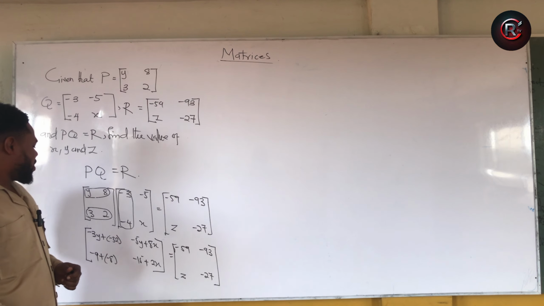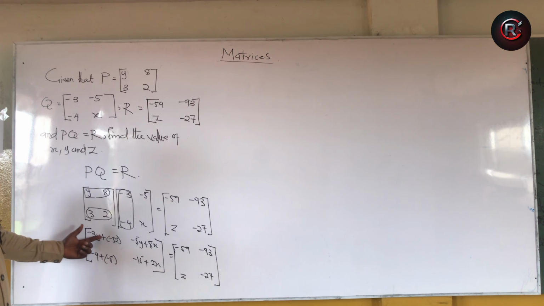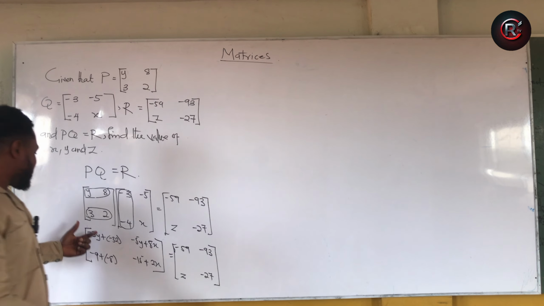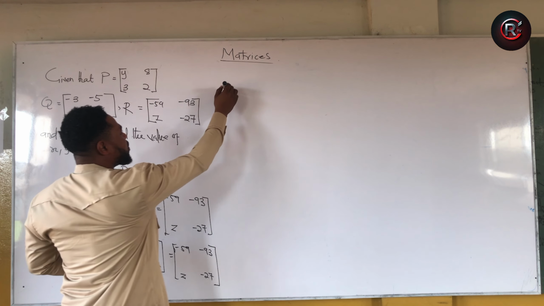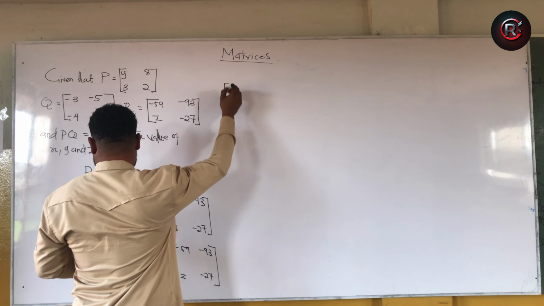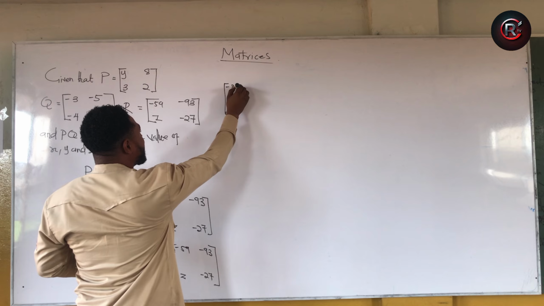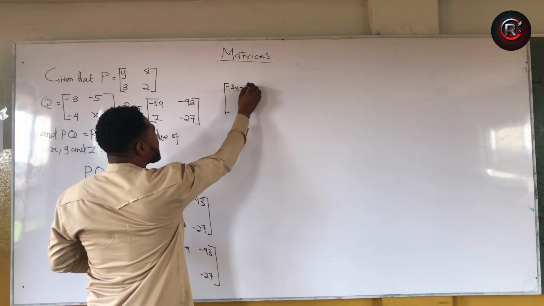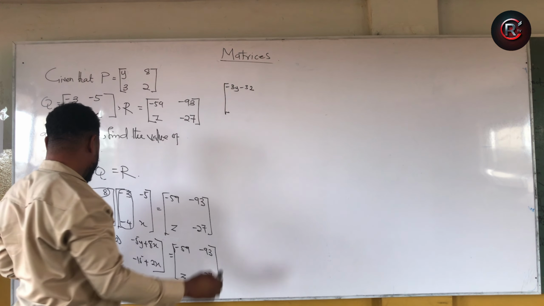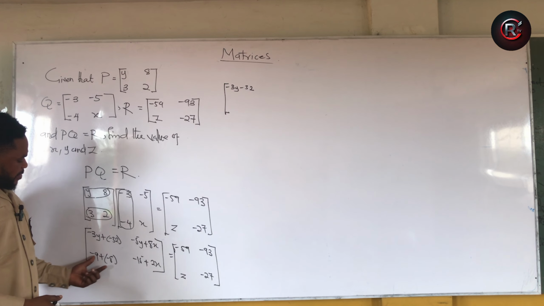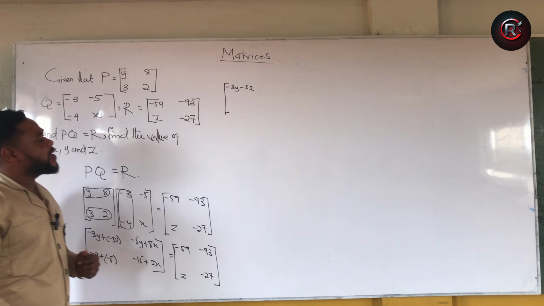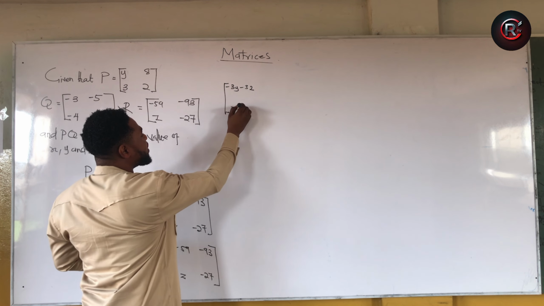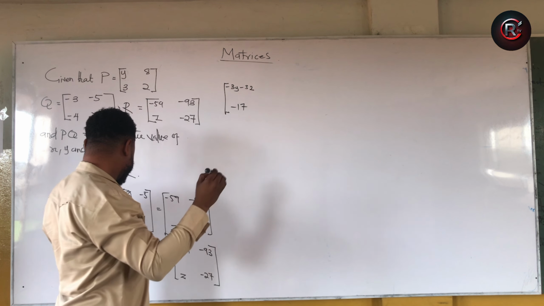Nicely. From this, we can reduce these ones. -3y plus -32, we can reduce it and say -3y minus 32. Here too, we can make it one, which is -9 plus -8, and that will give us -17.